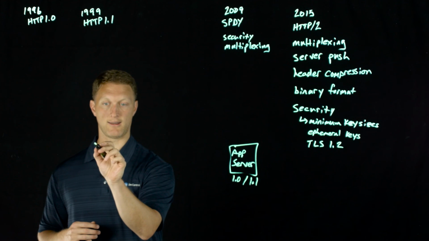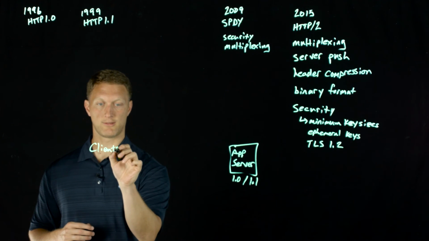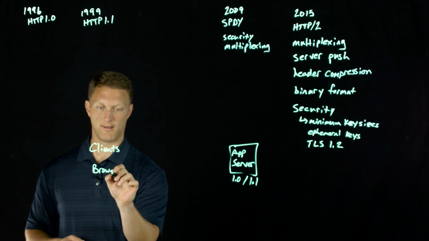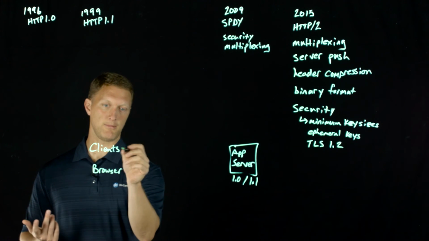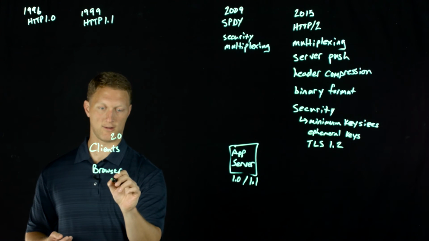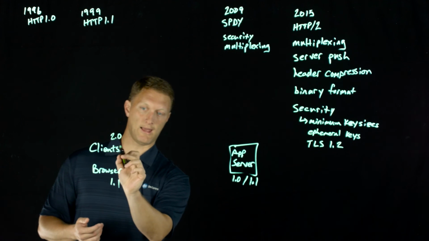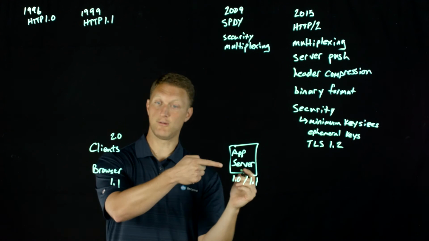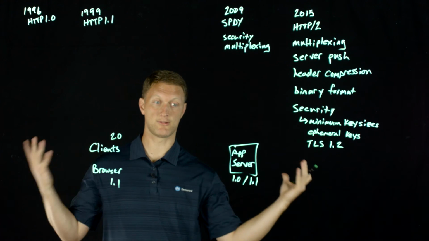But you've got clients out here, a bunch of mobile clients with their iPhones, or a browser. Maybe these guys are talking 2.0, and these guys are talking 1.1. When they come to access your application, if you have a 2.0 request, that's going to present some problems. So what do you do there?